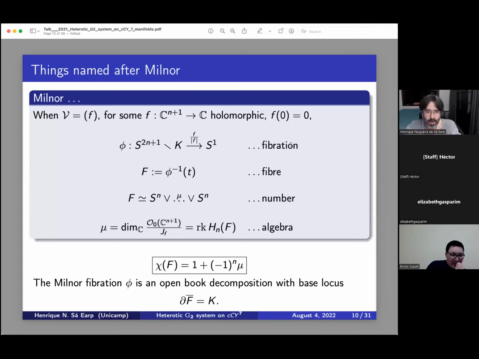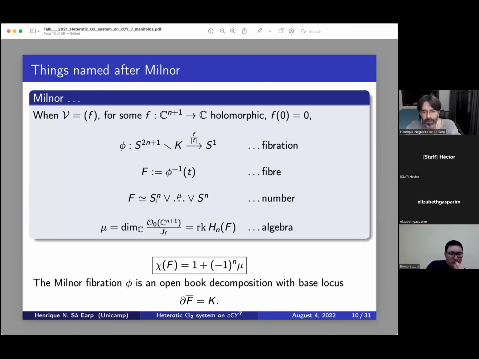So we have the Milnor fibration, which is sort of the complement of the link, is actually an open book decomposition, or sort of with binding S1. The typical preimage of an element there is called the Milnor fiber.